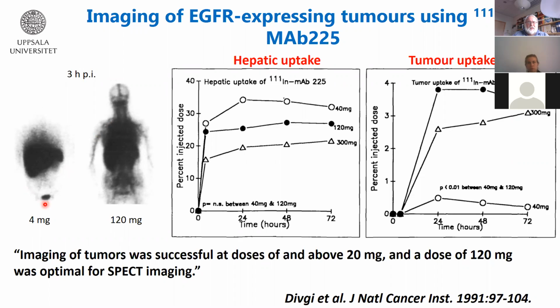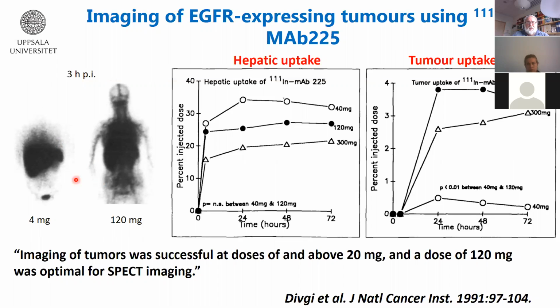When he injected 4 milligrams of radiolabeled anti-EGFR antibody, it was just stuck in the liver, so essentially nothing went into circulation. There is not very high, but appreciable expression of epidermal growth factor receptor in the liver, which just sequestered the antibody from the circulation.